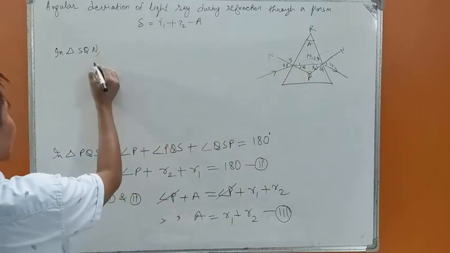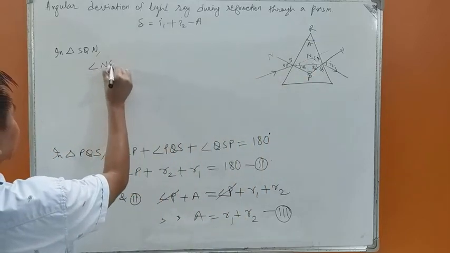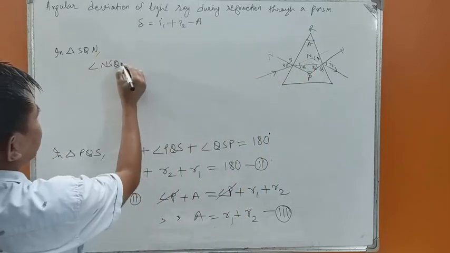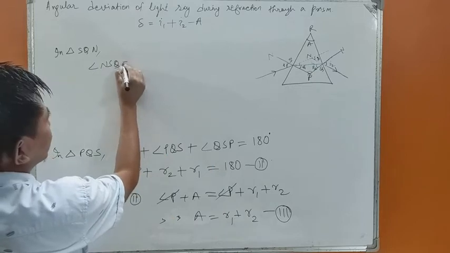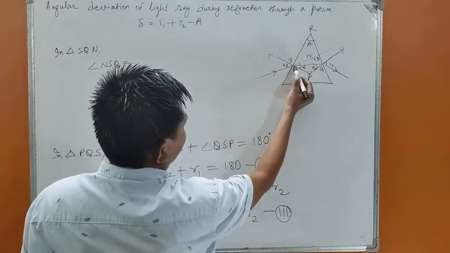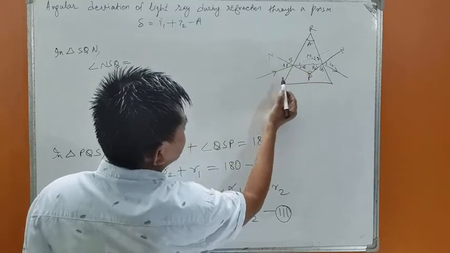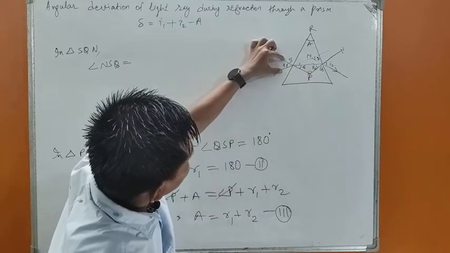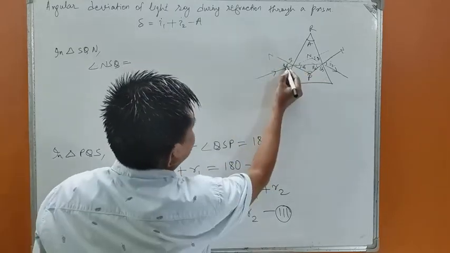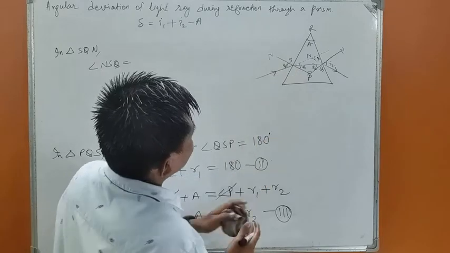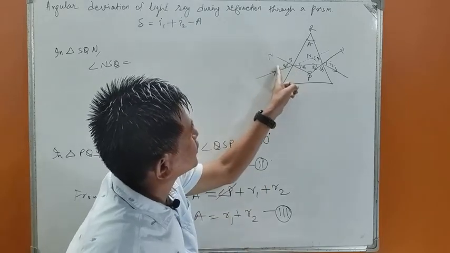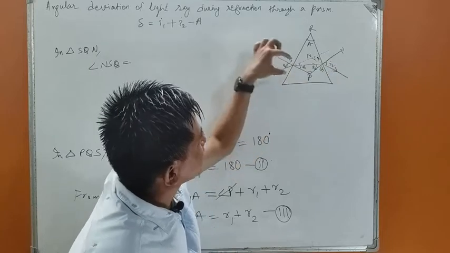This angle NSQ equals, this total angle is I1, the angle of incidence is I1 and the angle of emergence is I2, okay.